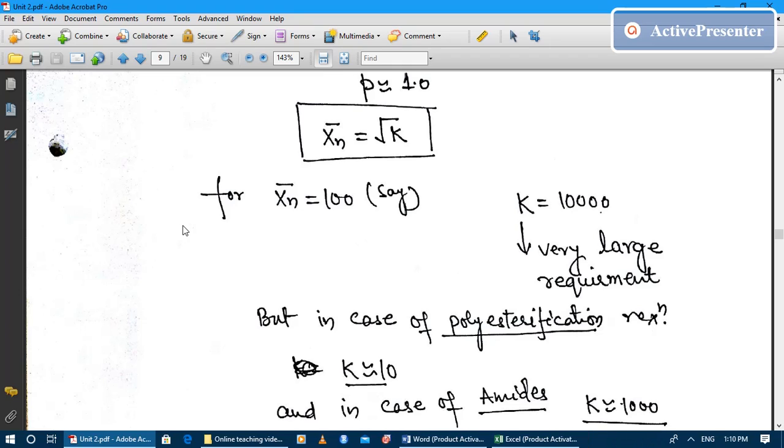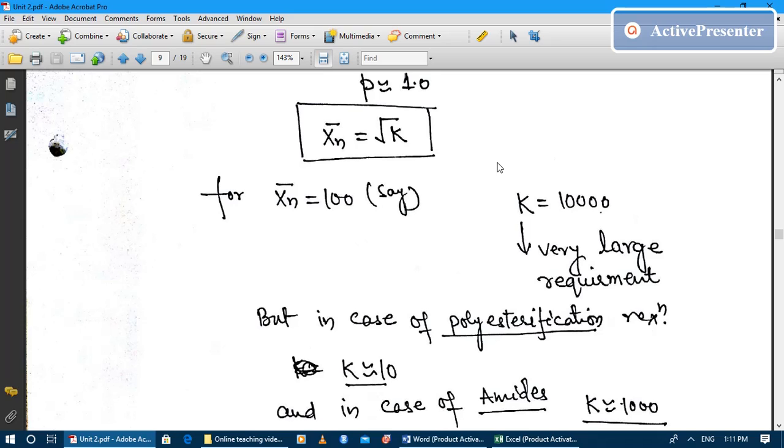That means the polymer forming from the polyesterification reaction of diacid and diol will contain just 3 or 4 units in each chain. If the number of repeating units is less than 10, we will not call it a polymer. It will be termed an oligomer. Oligomers means just a few units.